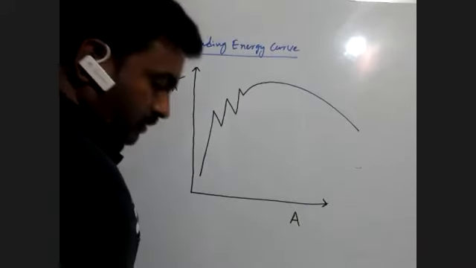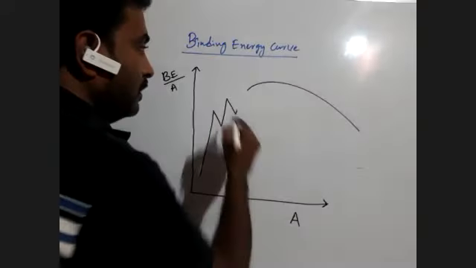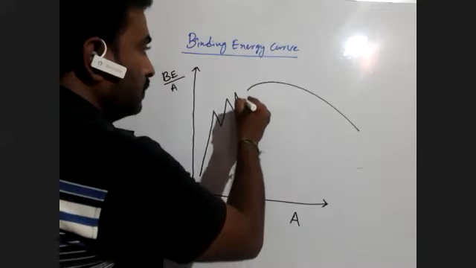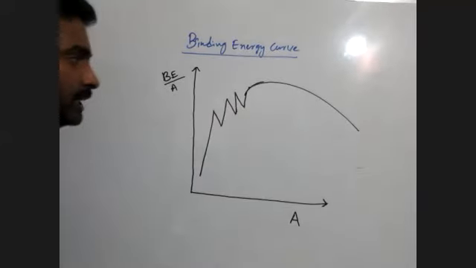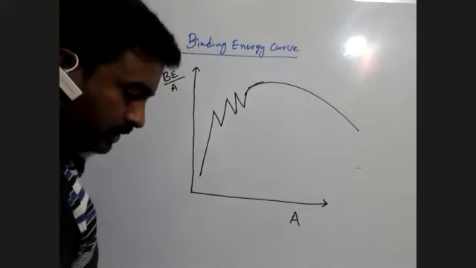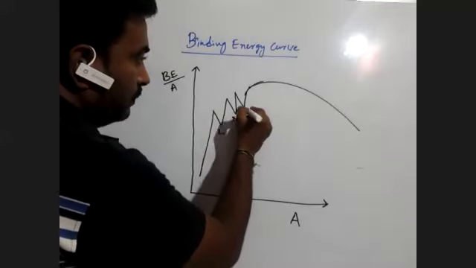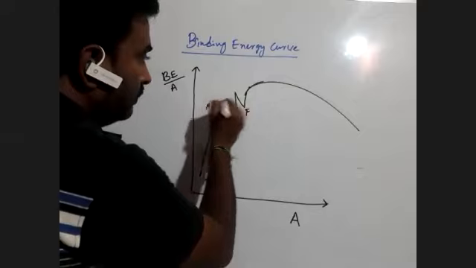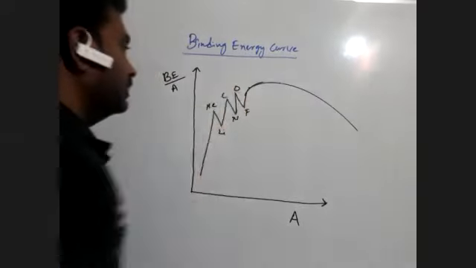Now looking at this graph, what will I get? This is a characteristic shape. I'll represent some elements here: lithium, sodium, fluorine, helium, carbon, oxygen.